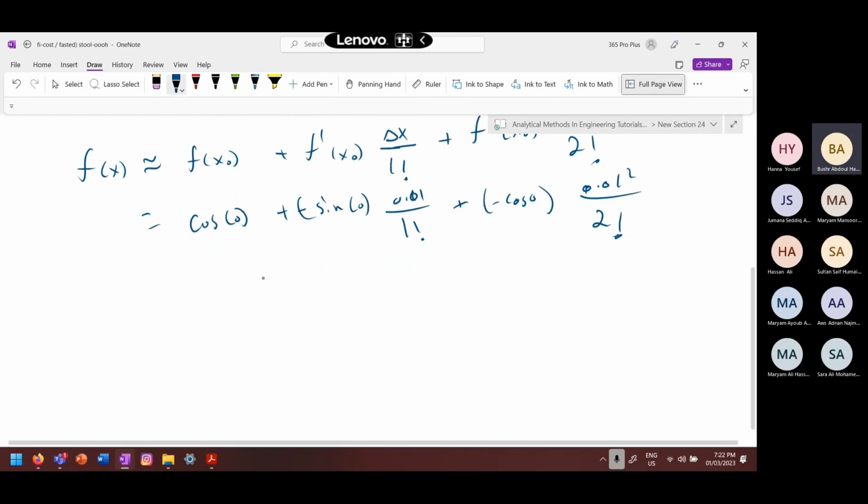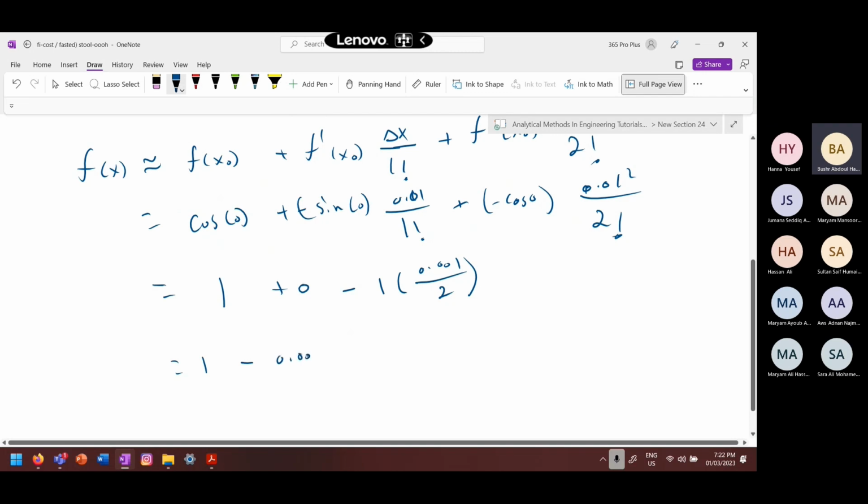Okay, now simplify it. Cosine 0 is equal to 1. Sine 0 multiplied by something is still 0. Minus 1 multiplied with 0.0001 over 2. This is equal to 1 minus 0.00005. This is equal to 0.99995. Correct? Yes, that's the answer.